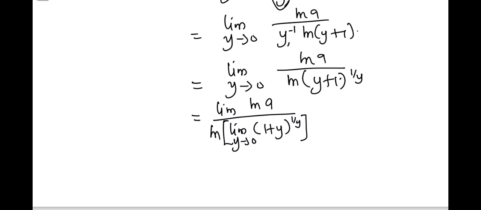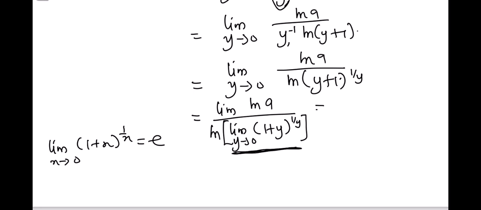But if you go back to the question, we were given this. They said the limit as x approaches 0 of (1 plus x)^(1/x) is equal to e. And this thing is of that same format. Look at it. And this ln a is just a constant. The limit of a constant is a constant.